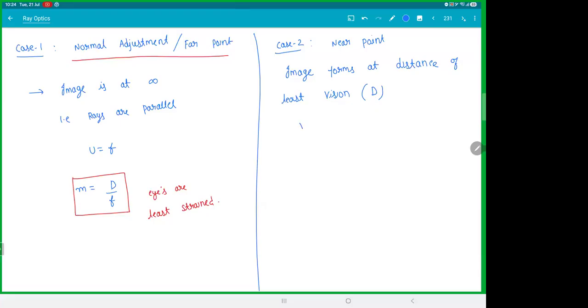So then we get V is equal to minus D. Apply the formula for a lens: 1 by V minus 1 by U is 1 by F. These are the kinds of things they can ask in advance as a paragraph. So minus 1 by D minus 1 by U is 1 by F, so 1 by U is 1 by F plus 1 by D. The magnification is D by U, which is 1 plus D by F. This is the other magnification.